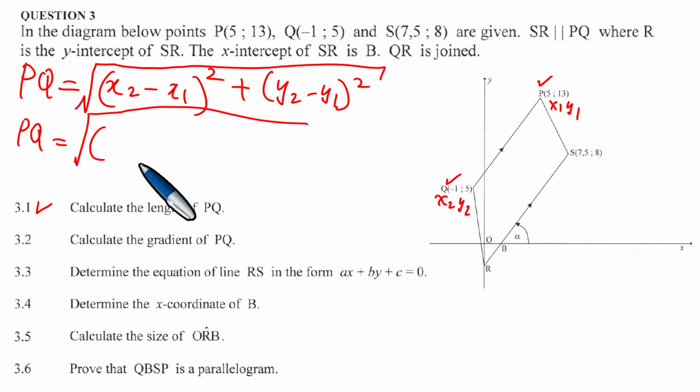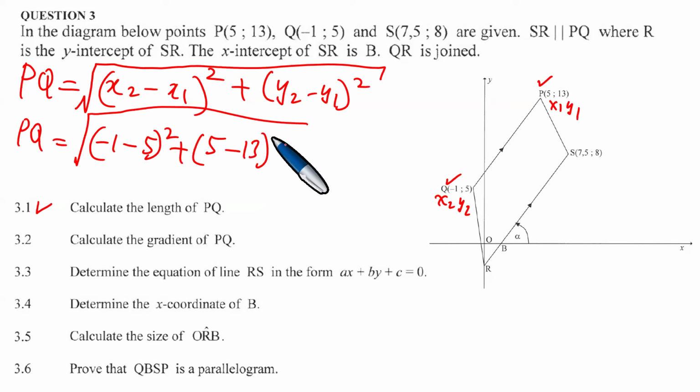So what is x2? x2 is -1. What is x1? It is clearly 5. We square that. What is y2? It's 5. y1 is 13. We square this, like so.